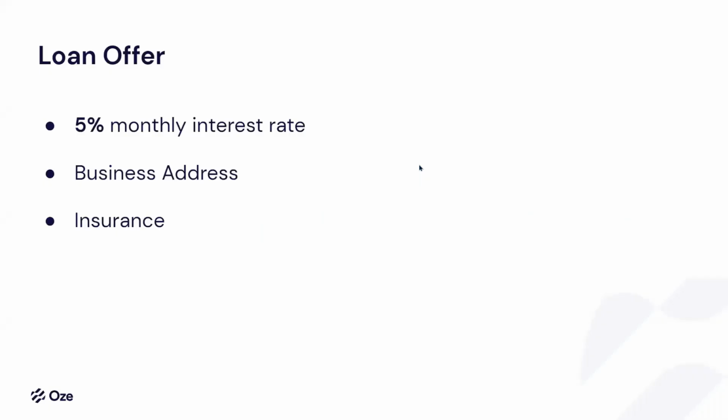So let's continue. What happens next after you submit a loan application on Oze? Like I said, we will get a loan application and we will work on it within 3 working days.